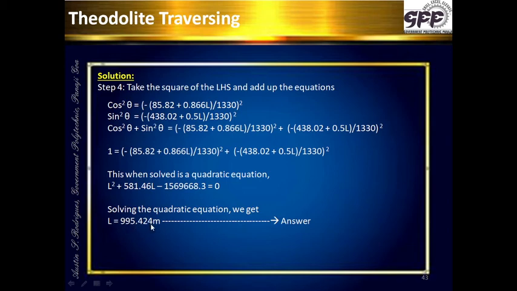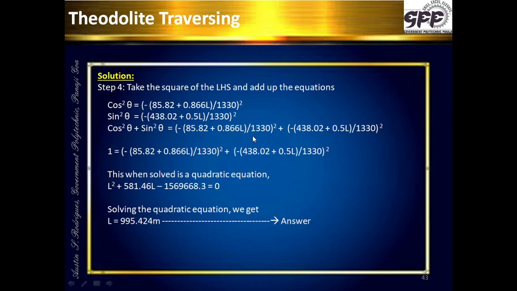So what we have done over here in this step, please note this is a very important step. We have got the square of cos, we have got the square of sine, we have added them together to get 1. In this we have eliminated theta. Theta is totally gone from the equation.